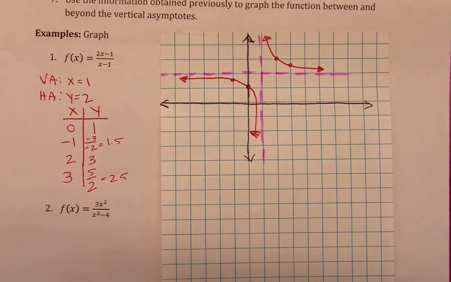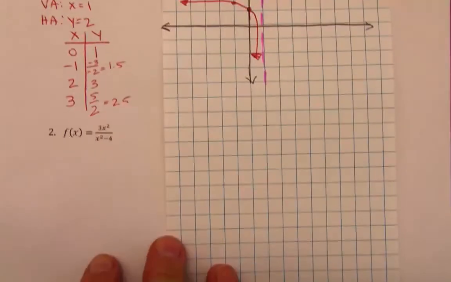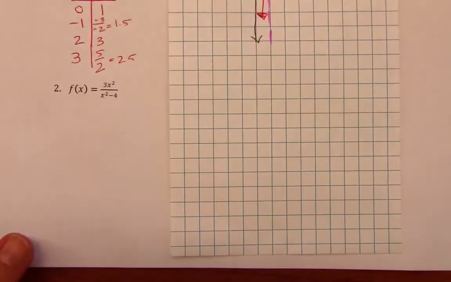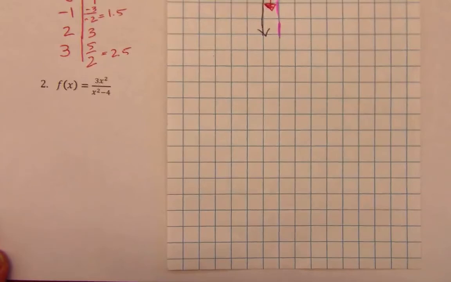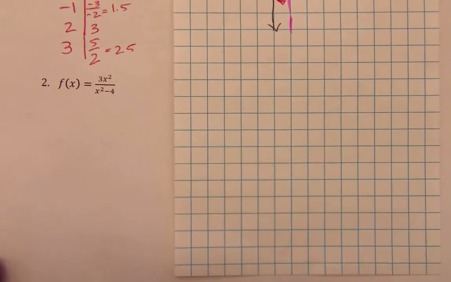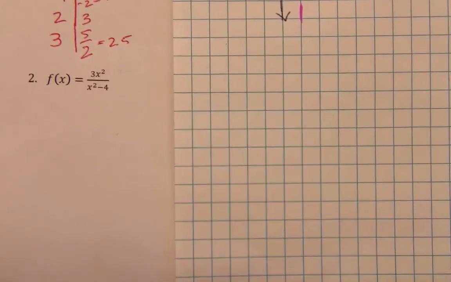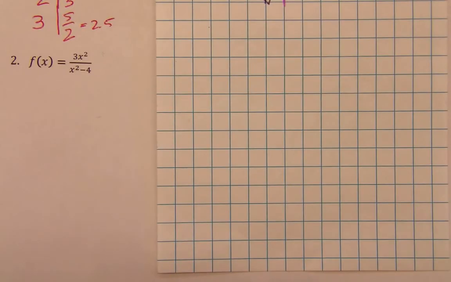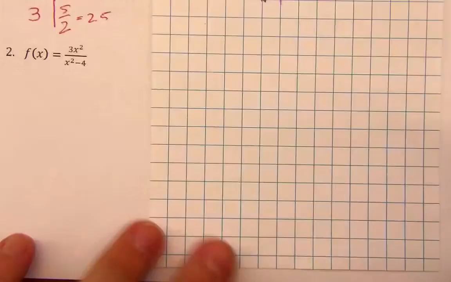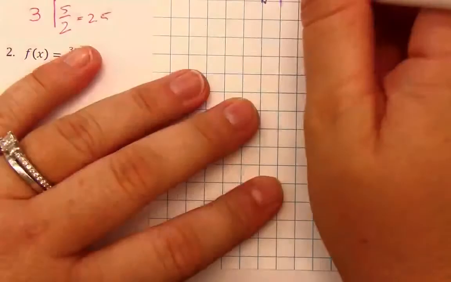So that's our first example. Not too bad. Let's go ahead and look at another example. Now we've got something where we still have the same degree on the top and on the bottom, so finding our horizontal asymptote shouldn't be too bad. Let's see, let me set up our graph here.